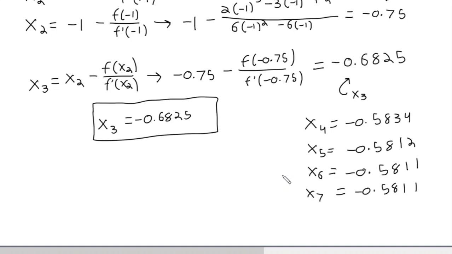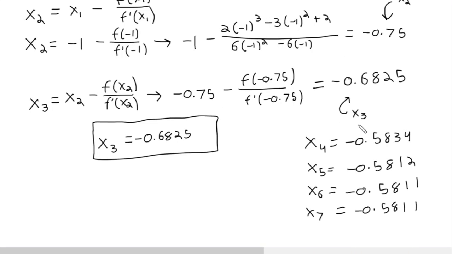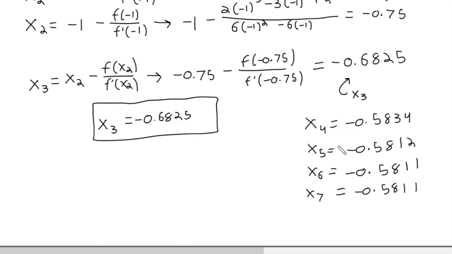Really what those problems are asking, where it just keeps asking you to approximate the zeros, or just use Newton's method to find what's called the real root or just the root, then you would just keep doing what I was doing here. You'd get some x values, some x sub 4, x sub 5, and you just keep going on and on, doing the same exact process I just did until you basically get 2 consecutive decimals that match up.